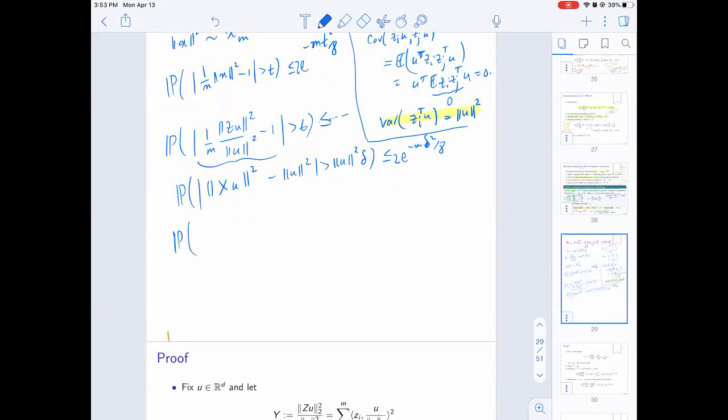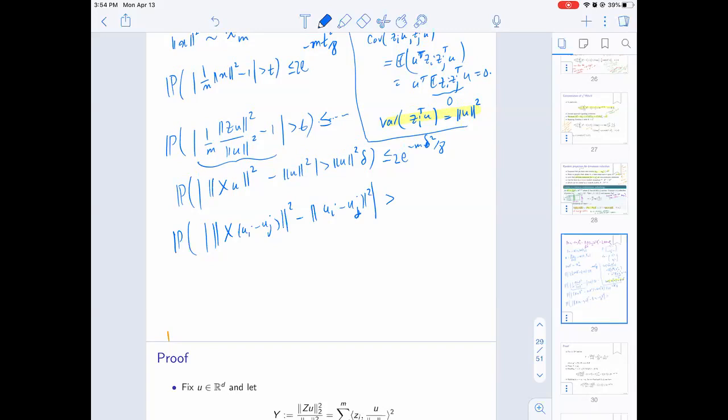So I get the probability that x u_i minus u_j is different from this, bigger than or equal to.